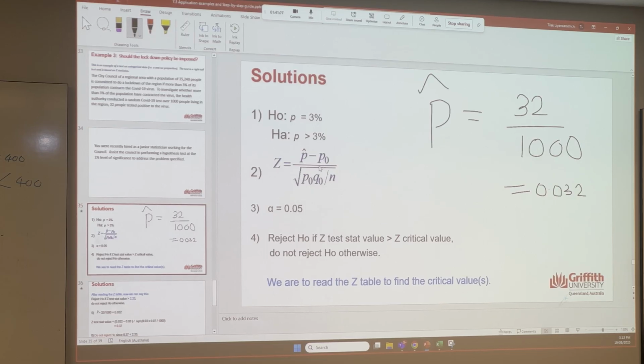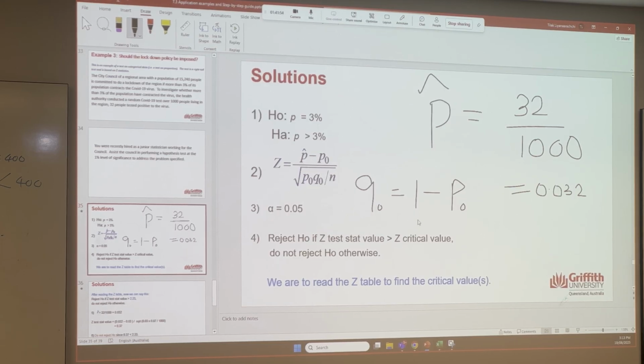And there is something called Q naught, which equals 1 minus P naught. You know there are two possibilities, got COVID or don't have COVID. Q naught is the probability of not having COVID, P naught is the probability of having COVID.